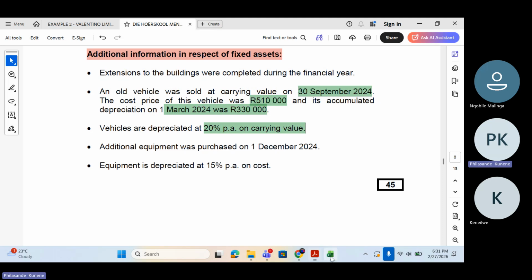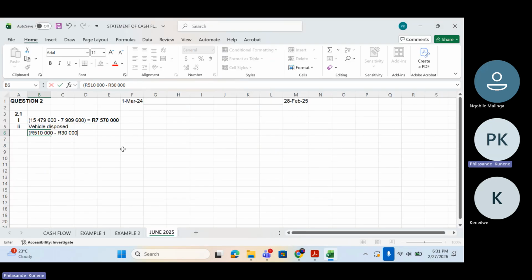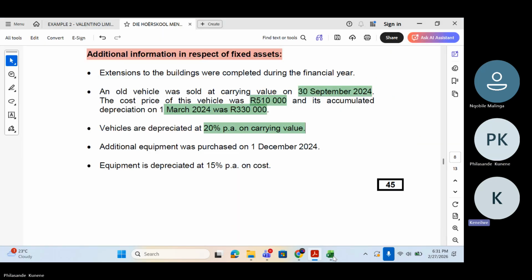So I'm going to say times 20%, and then you multiply it by 7 months over 12. 7/12. Why are you saying that? Because it was sold. When was it sold? 30 September.